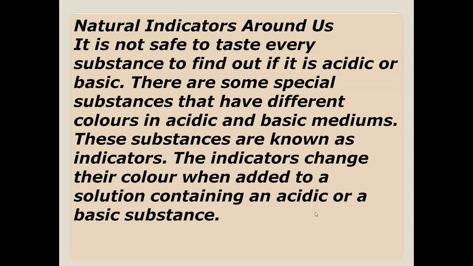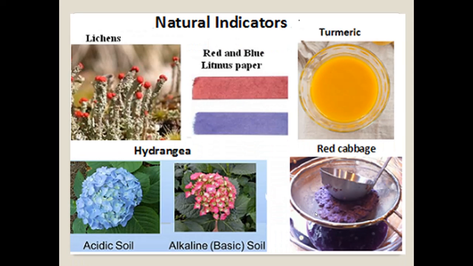Now let us learn about natural indicators around us. Here, look at the image. You can find images of some of the natural indicators like lichens, turmeric, which is used in our kitchen every day, then red cabbage, a vegetable, and the hydrangea plant that indicates whether the soil is acidic or basic by changing the color of the flower.